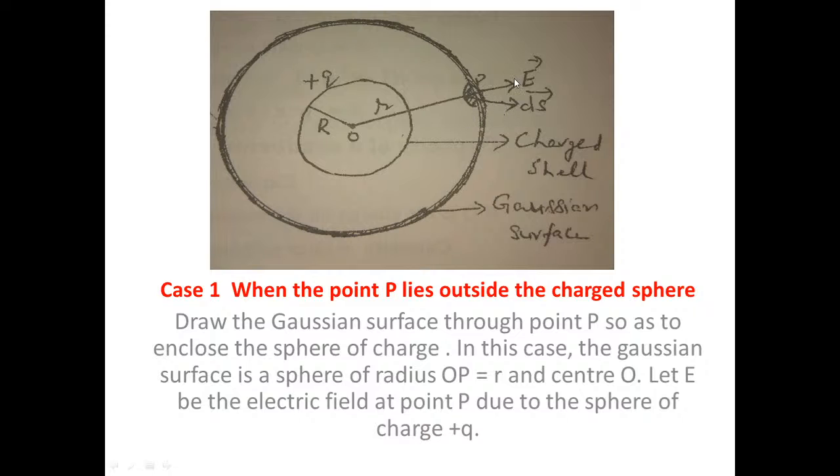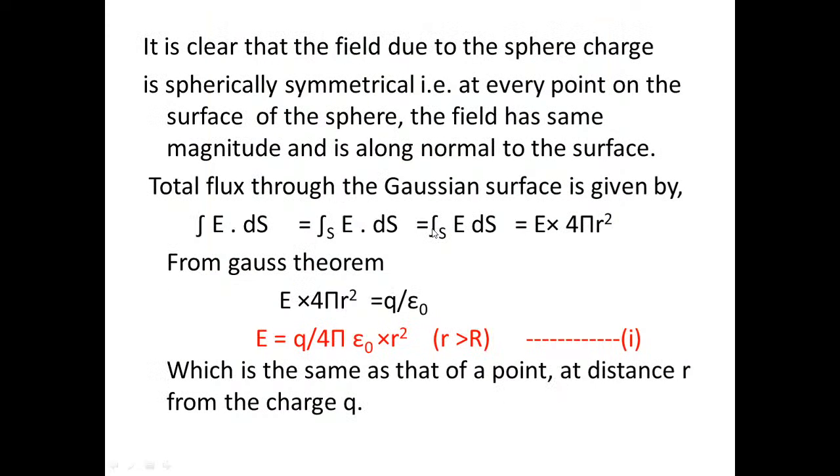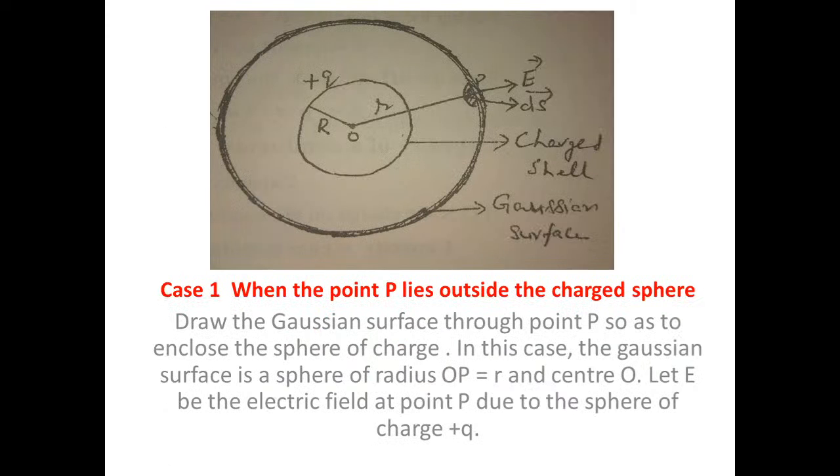The electric field at that point P is E due to the sphere of charge plus Q. It is clear that the field due to the sphere of charge is spherically symmetrical. That is, at every point on the surface of the sphere, the field has the same magnitude and is along the normal to the surface.